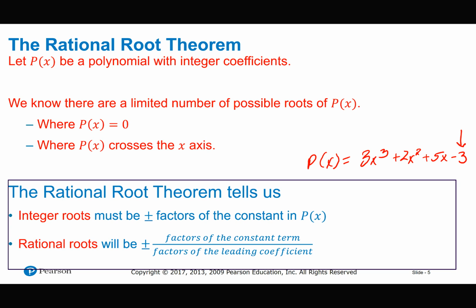Now my rational roots will be plus or minus factors of the constant divided by factors of the leading coefficient. In my polynomial function that is made, what's the leading coefficient?